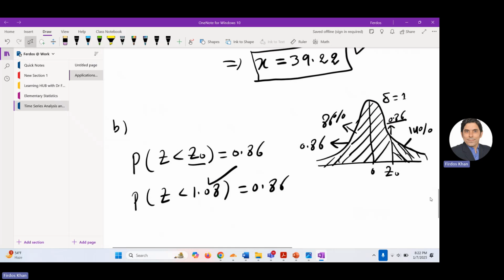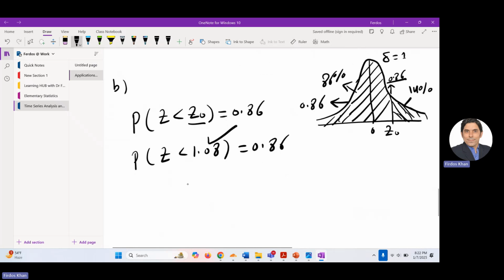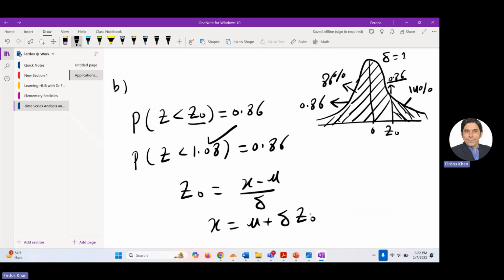Now how can we find the value of x in this case? Again, remember that z naught is equal to x minus mu divided by sigma, and as in the previous part, x is equal to mu plus sigma z naught.